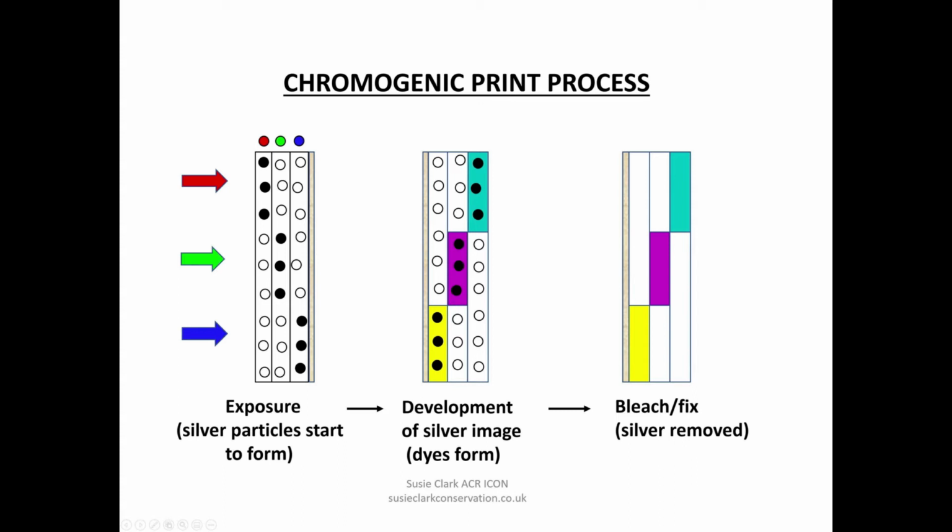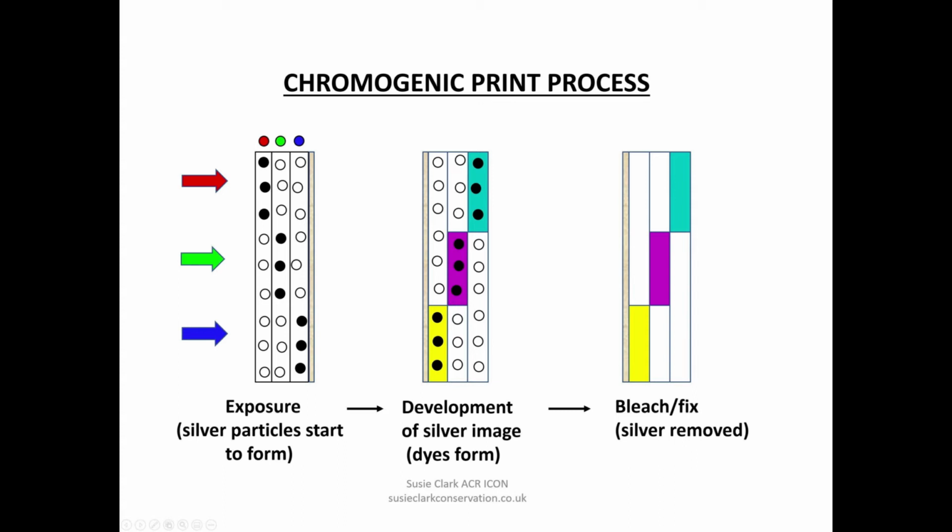What I'm giving you here is the bare essence of the process. So unexposed chromogenic printing paper has a gelatin emulsion containing 3 layers, and each of these layers contains silver halide plus part of either a cyan, magenta or yellow dye molecule respectively.